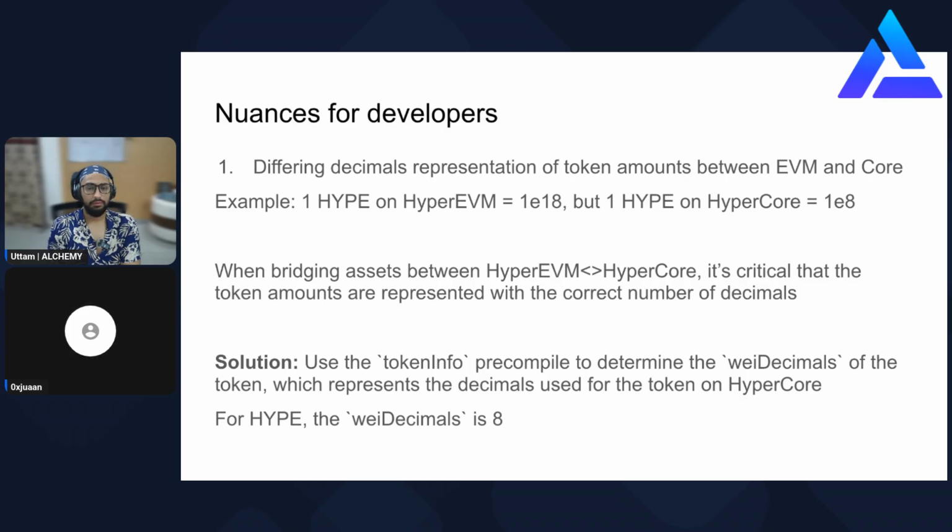So this means if we bridged one Hype from the EVM into HyperCore, then suddenly the balance changes: when we query the balance on the EVM, it says 1E18, but after bridging, when we query the balance on HyperCore, it says 1E8. So you can see how it's pretty easy to mess things up.